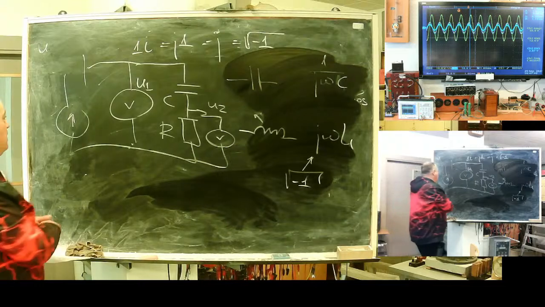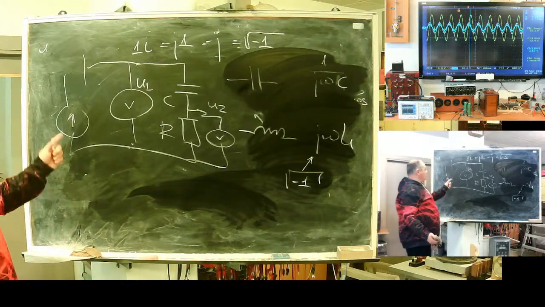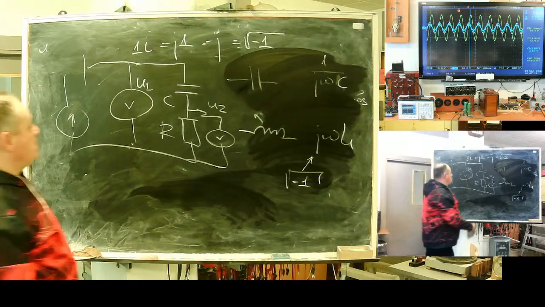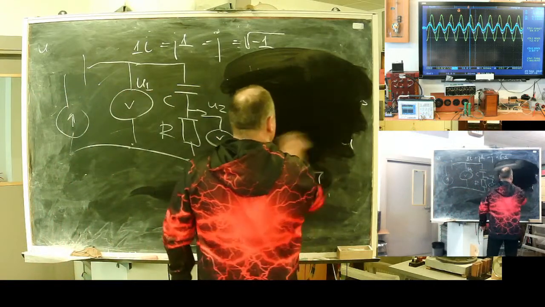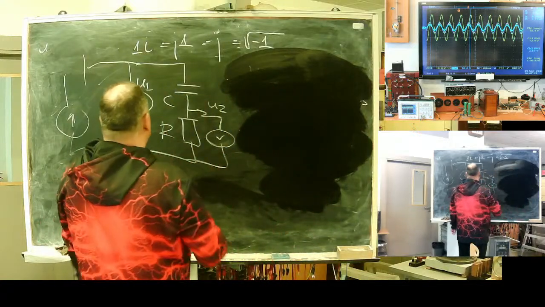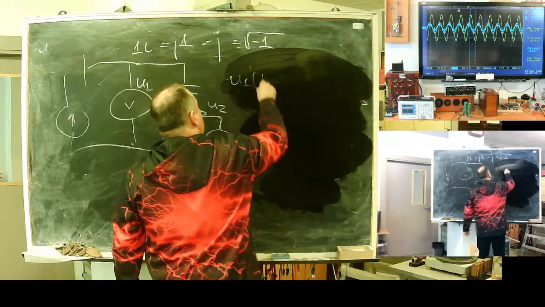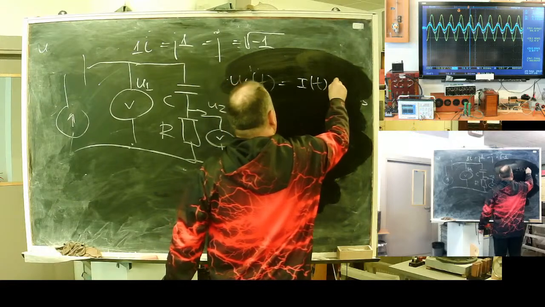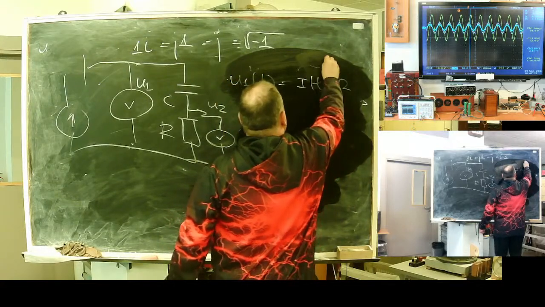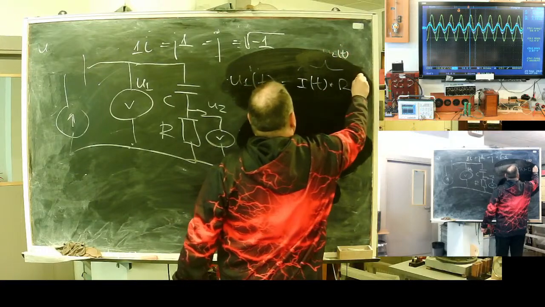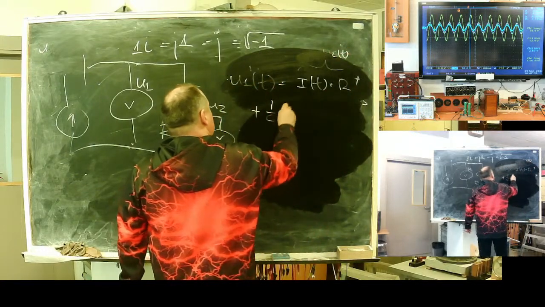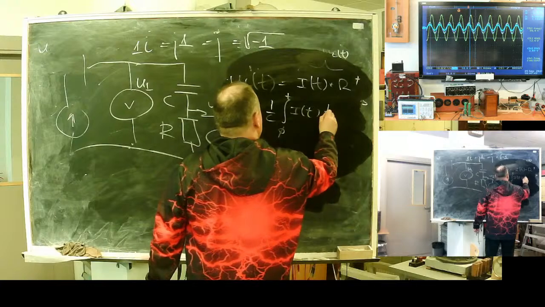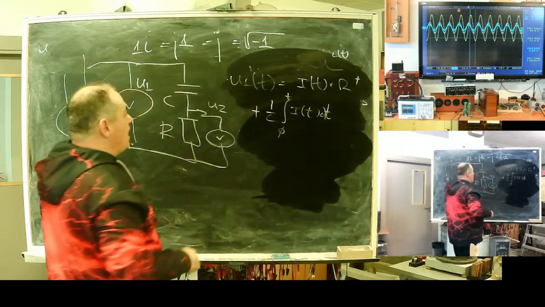So in time function, U1 as a function of time is I, current in time, multiplied by R, and this is U2 in time plus 1 by C integral from 0 to time of I dt.